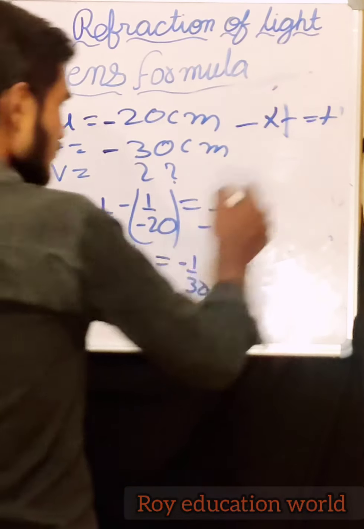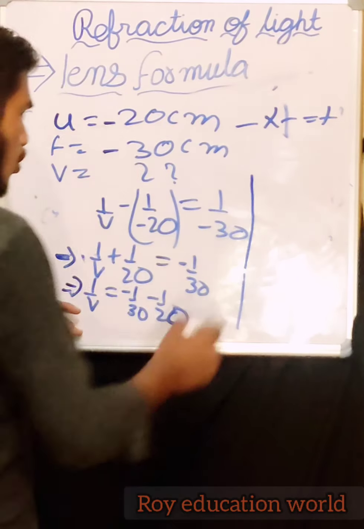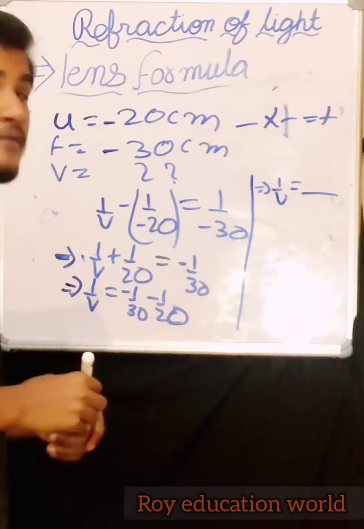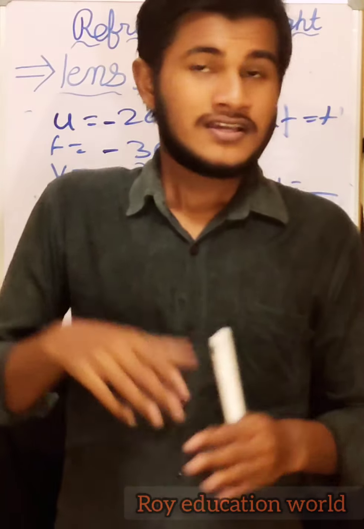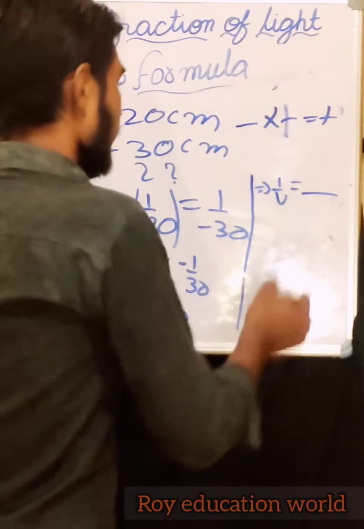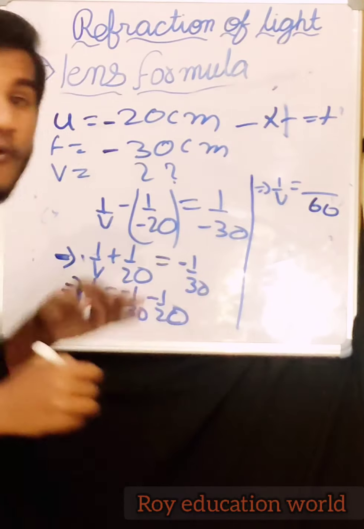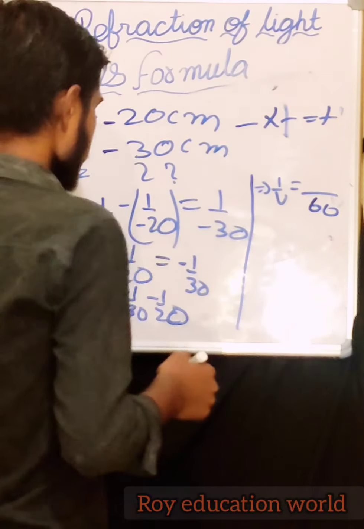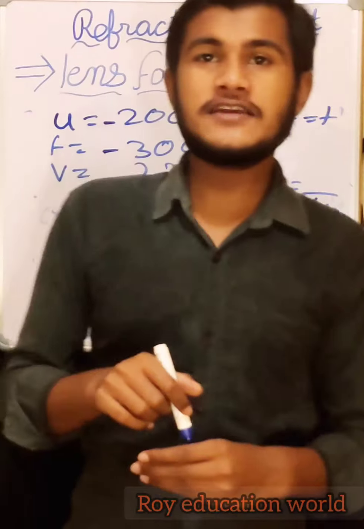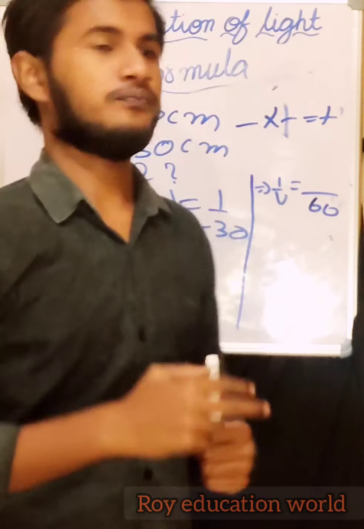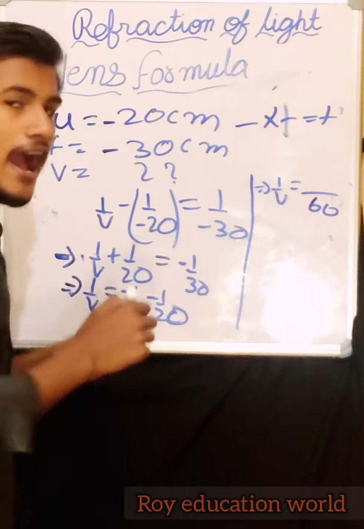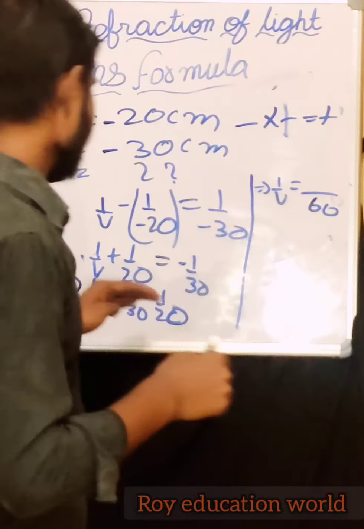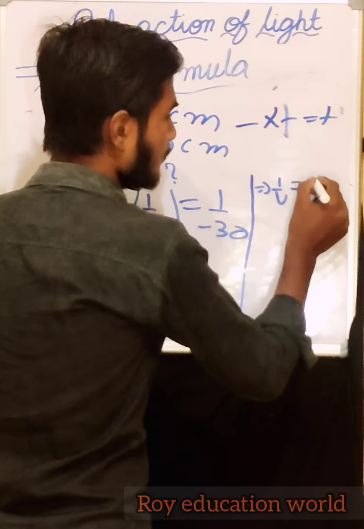So calculate here. 1 by v equals, the LCM of 30 and 20 is 60. When we divide 60 by 30, we get 2, and after multiplying with the numerator, we get minus 2.